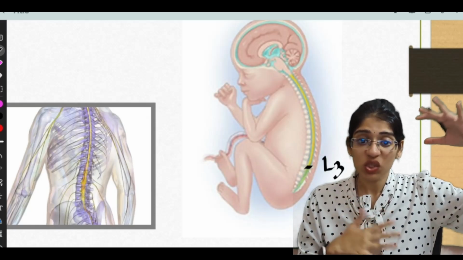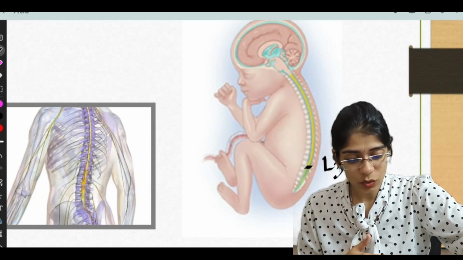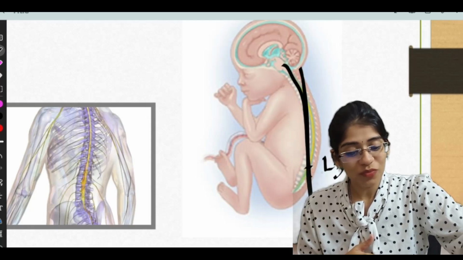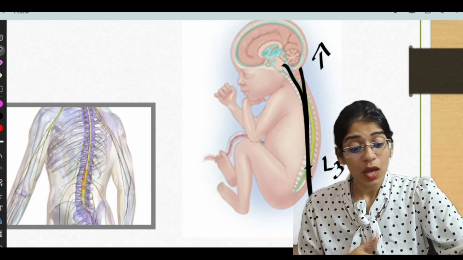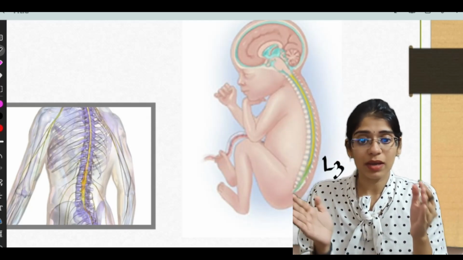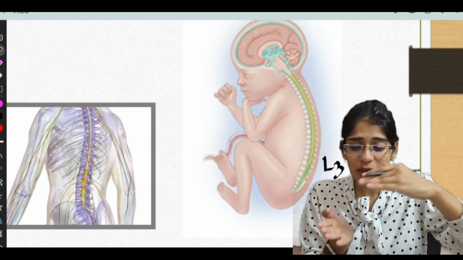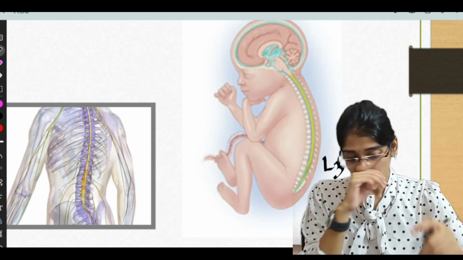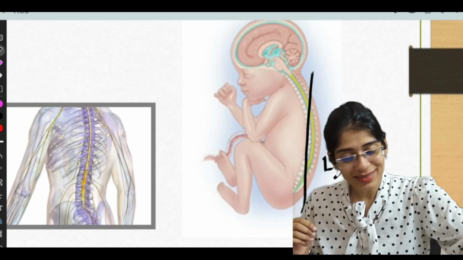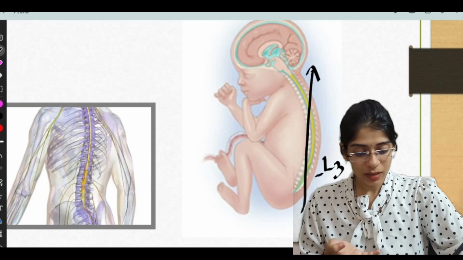As a child is growing, his height obviously increases. But you know, our neurons, they will regenerate, but they have a capacity. Once it grows to its maximum potential, then they wouldn't grow longer. So the child's height will increase as a child grows. So this L3 will come down.